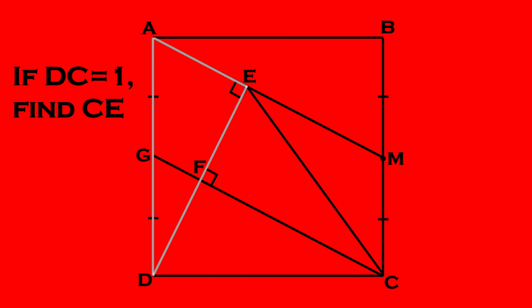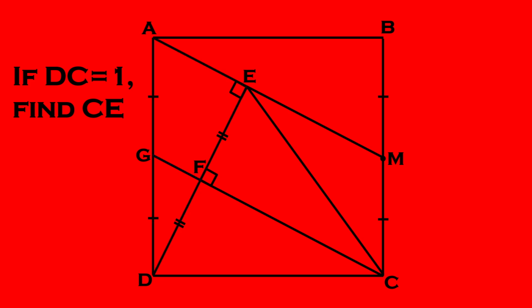Now, focusing on the white triangle, we have that point G is the midpoint of AD, and the blue line GF is parallel to AE. Therefore, according to a geometric theorem, point F must be the midpoint of DE.